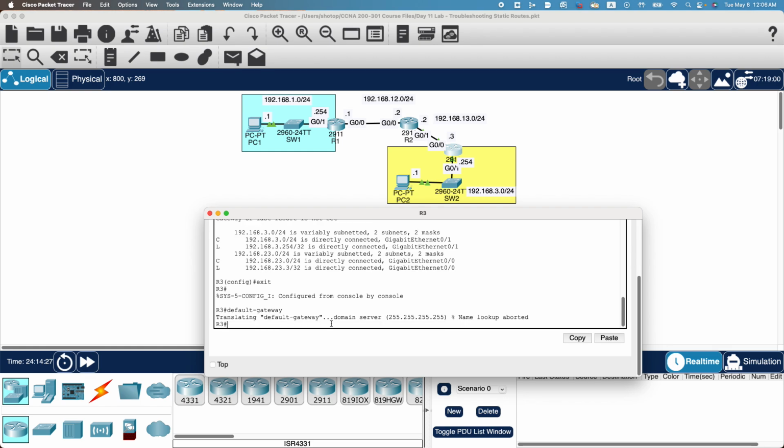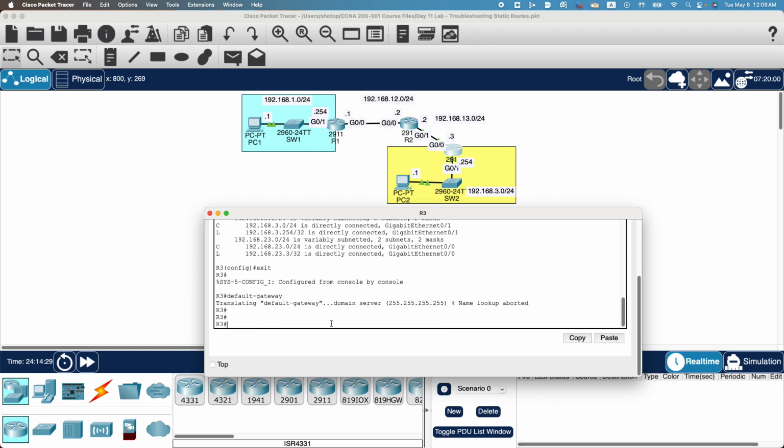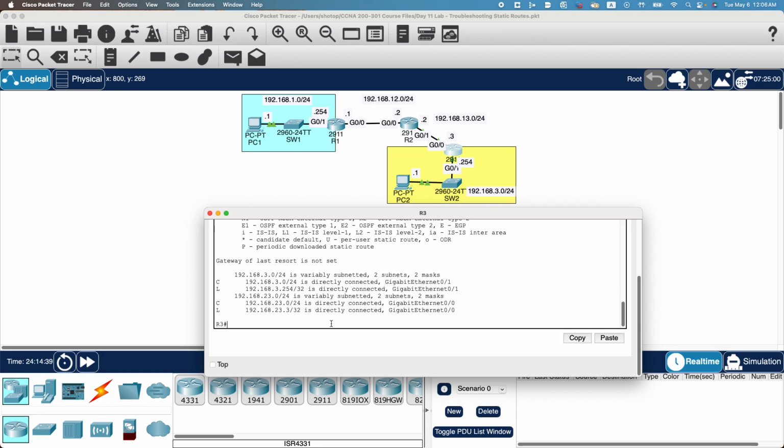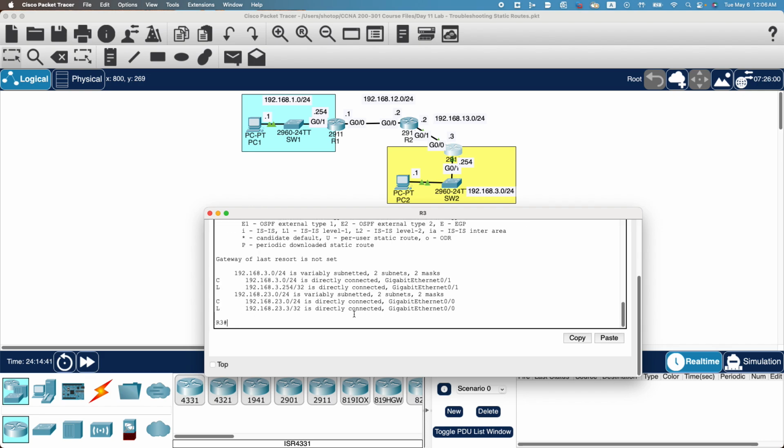Shoot. Huh. No. So I thought I just added a static route, but apparently I didn't. And it's weird because I see network traffic connectivity.